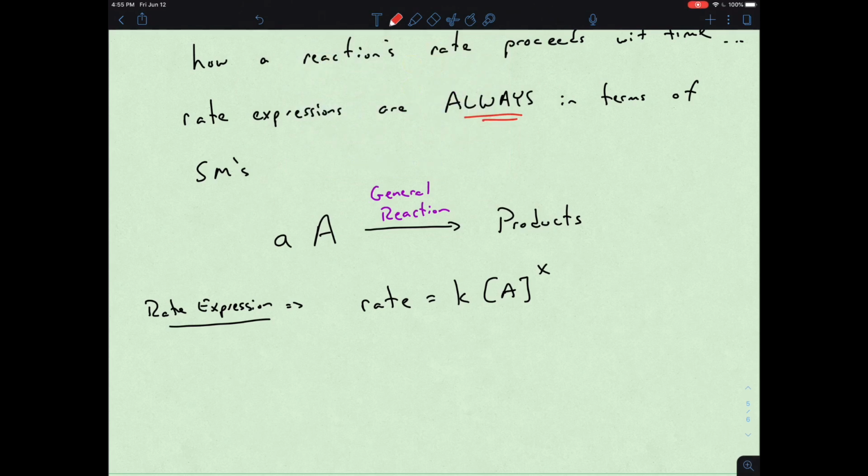So here we have our rate of reaction. Little k is known as our rate constant for the reaction. This is very specific to each and every reaction.